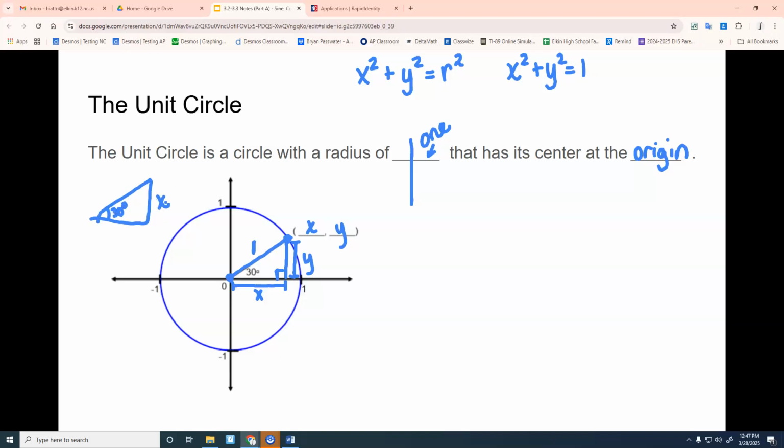That short leg is the side that you want to know. To find the hypotenuse, you multiply by 2. To find the long leg, you multiply by the square root of 3. But we don't have the short leg. We've got the hypotenuse. So if we want to go backwards to the short leg, what should we do? Divide by 2, right? So if we do 1 divided by 2, y is going to equal 1/2. So this y coordinate right here is 1/2.